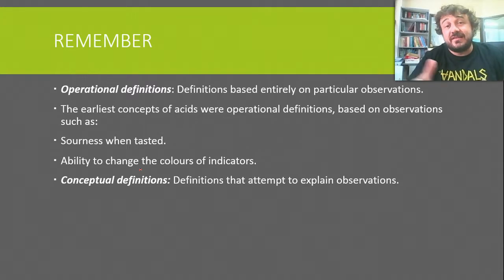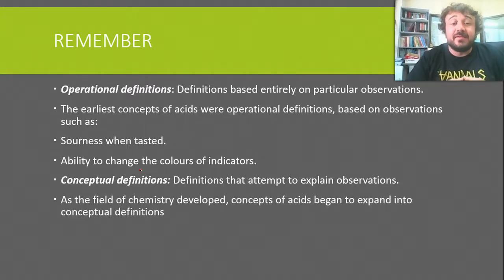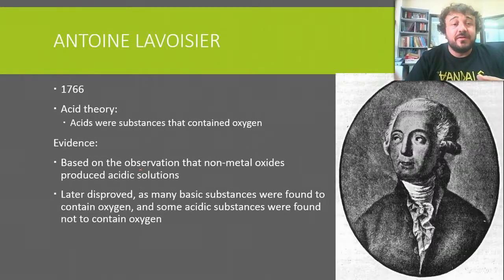It doesn't just say, this is what happens. It says, this is what happens, and this is why it happens. So basically, as we've traveled on in chemistry, we've gone from operational definitions to conceptual definitions, but for a working scientist, a working chemist, in many ways, the operational definition is as important, if not more important.